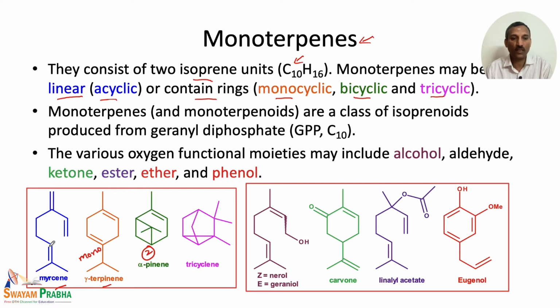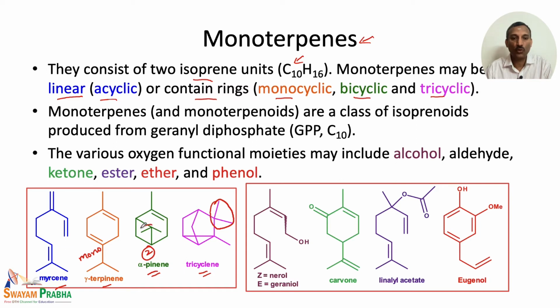Myrcene does not have a cyclic system, so we do not talk about the gem dialkyl rule here. But in the case of alpha terpinene, the gem dialkyl group is present outside of the ring, and in the case of alpha pinene and tricyclene, which are bicyclic and tricyclic systems, the 6-membered ring is stabilized by the presence of a gem dialkyl group.